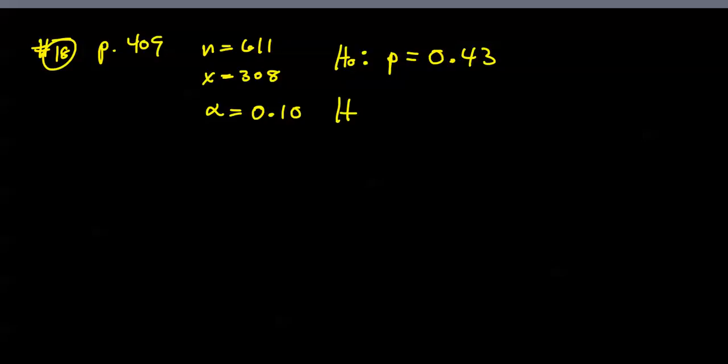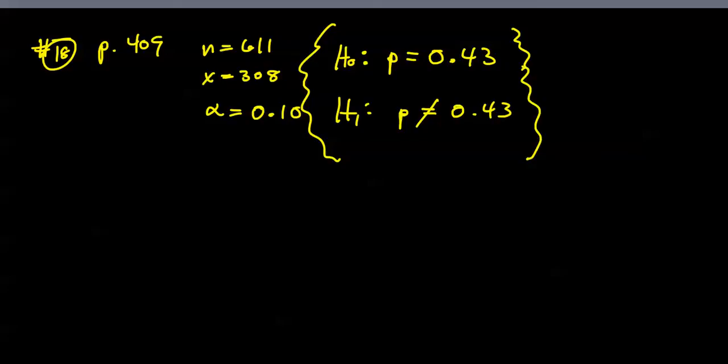The alternative claim is then what? Well, if the null claim is given as p equals 0.43, then by implication, H1 is the alternative claim, p is not equal to 0.43. So again, the statement of the hypotheses you have to sometimes unravel from the context of the problem.